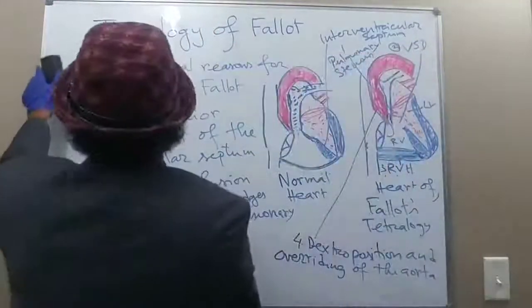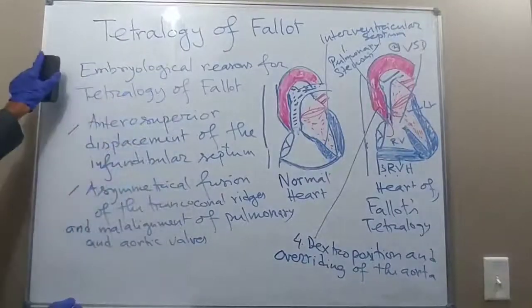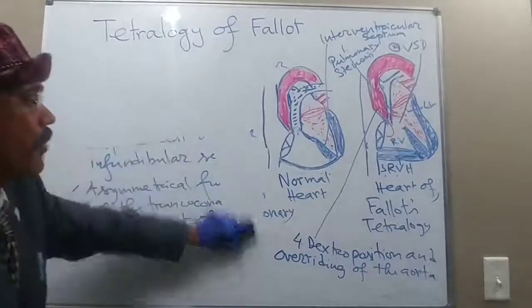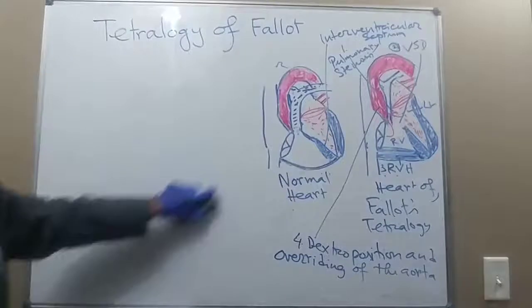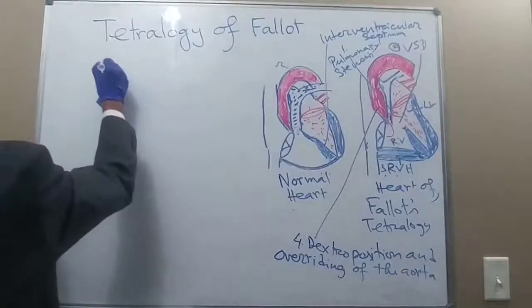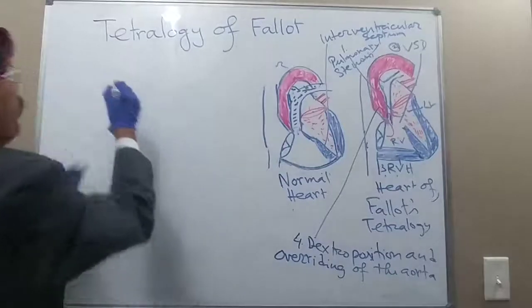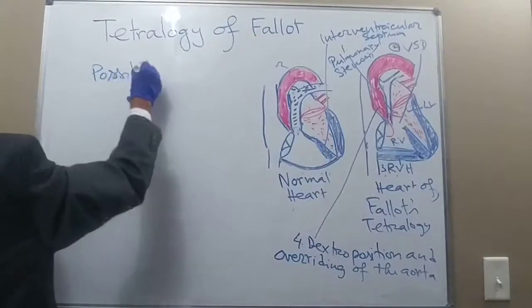What is the exact cause of tetralogy of Fallot? Why this embryological lesion happens, we don't know, but we have some possible predisposing factors that may be related to tetralogy of Fallot.